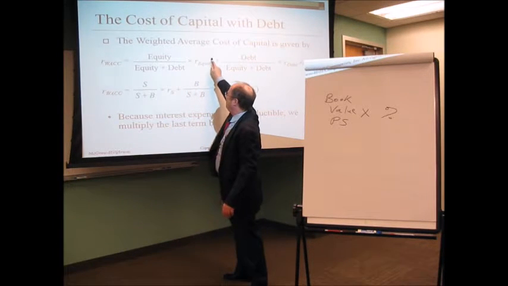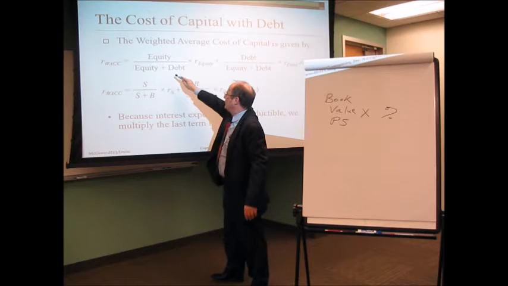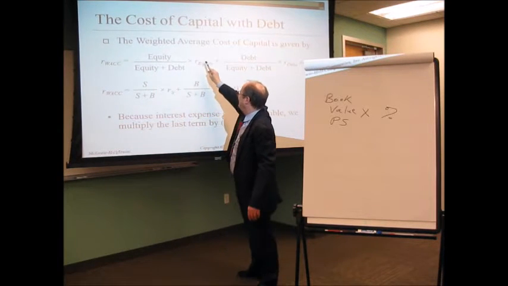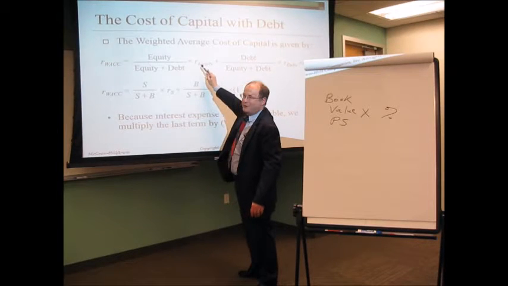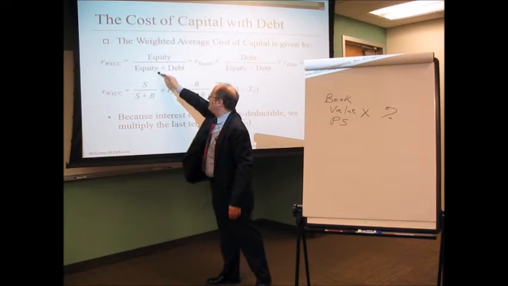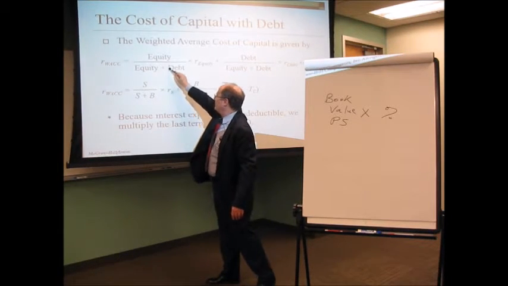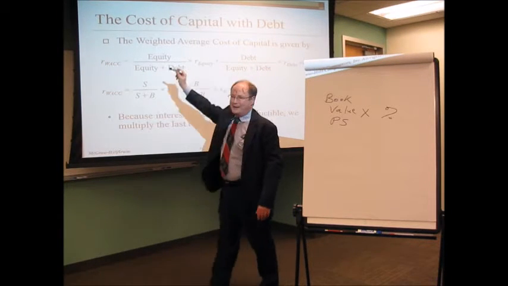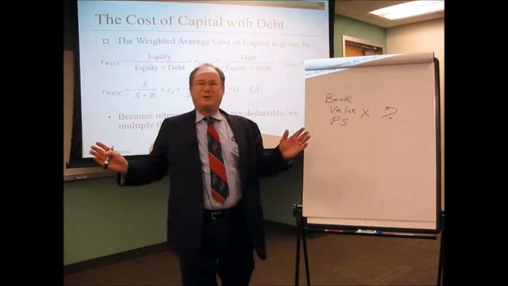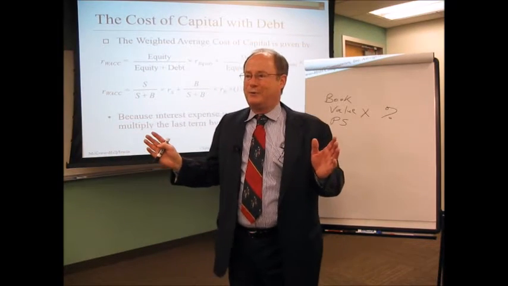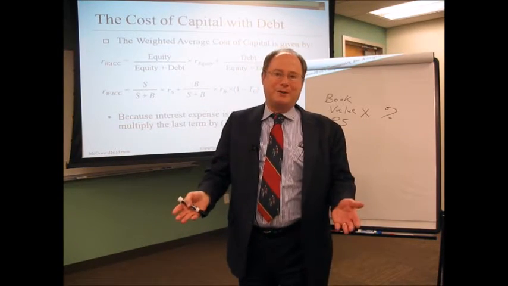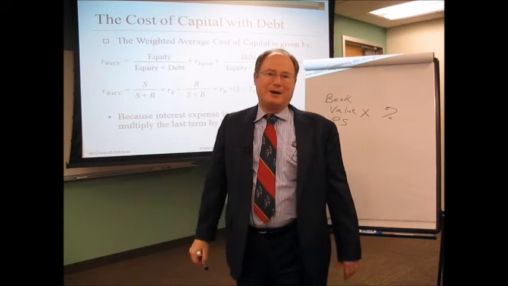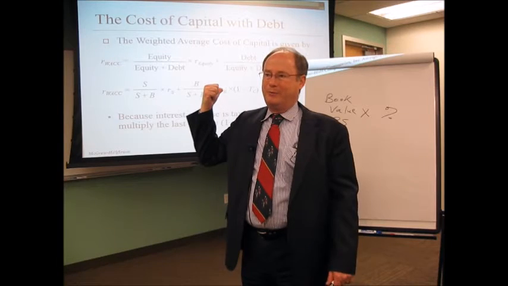Obviously, if there were preferred stock here, you would also want to add it to the denominator. You'd add it to the preferred stock denominator, you would add it to the debt denominator, you'd add it to the equity denominator. In other words, instead of adding two things together in the denominator, if your company issued preferred stock, you'd have three variables to put in. Other than that, it would be identical to what we just looked at.